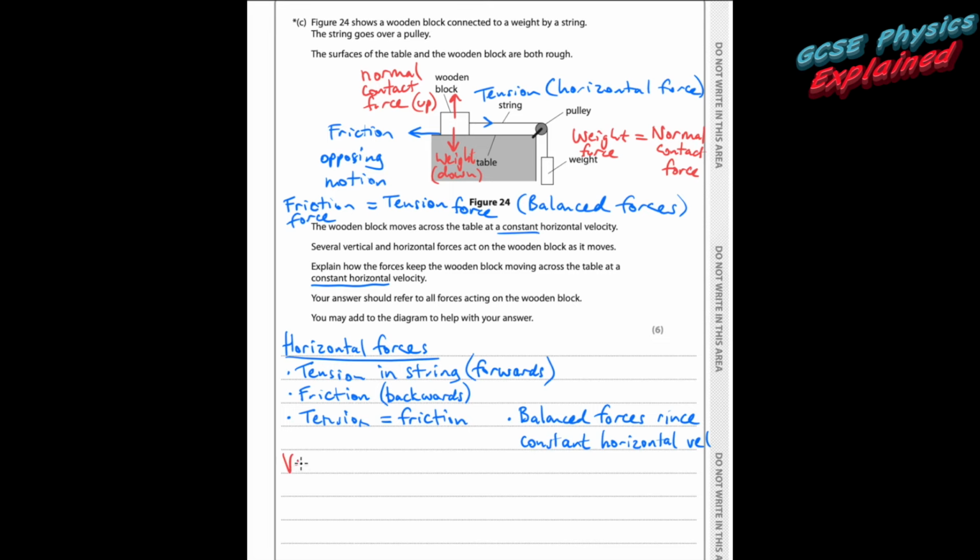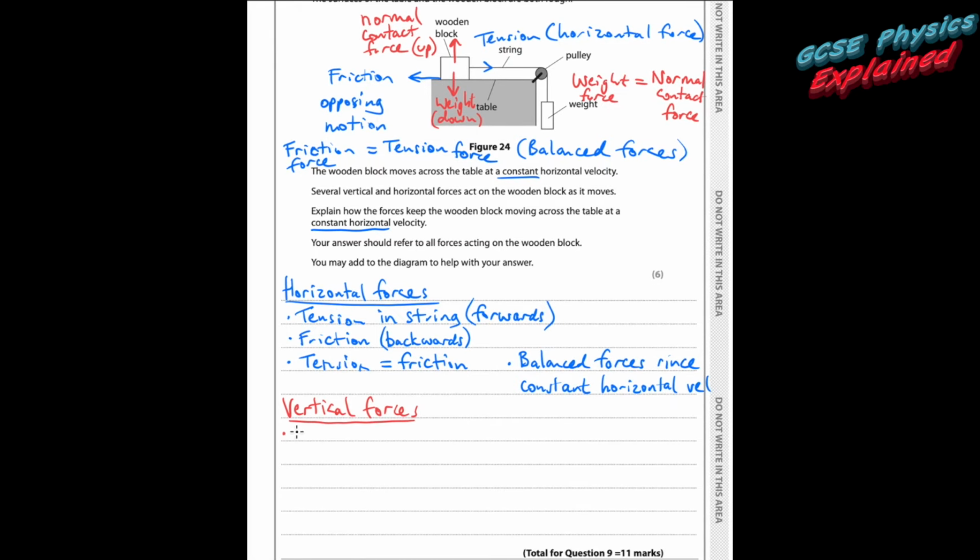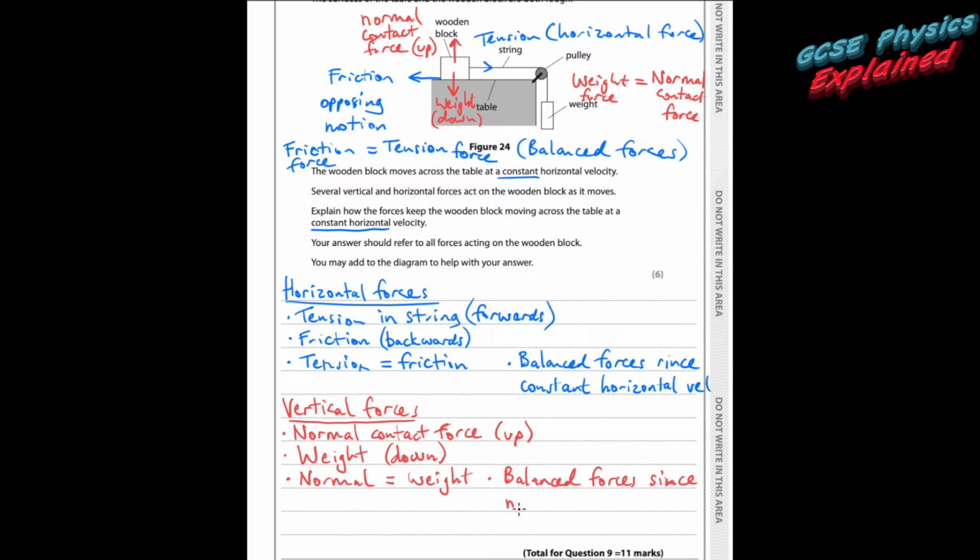Vertical forces. Normal contact force up. Weight down. Normal equals your weight. Once again, balanced forces since no vertical velocity. And you'll easily get your 6 marks for that.